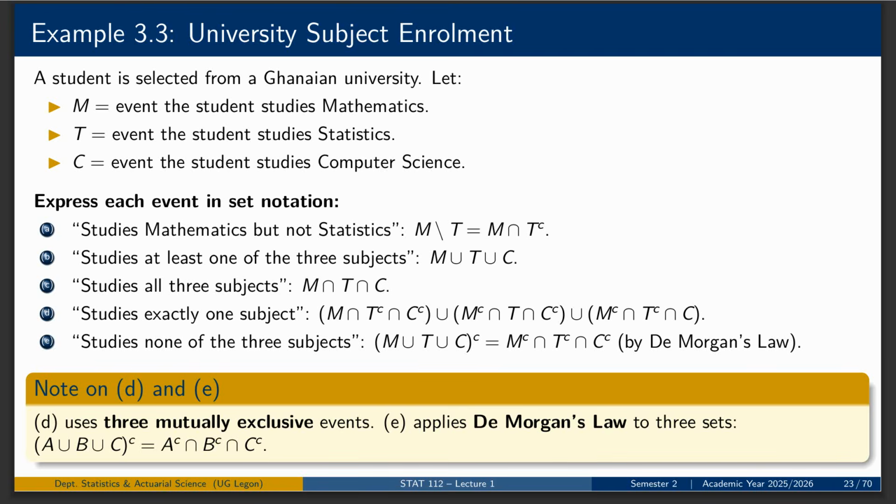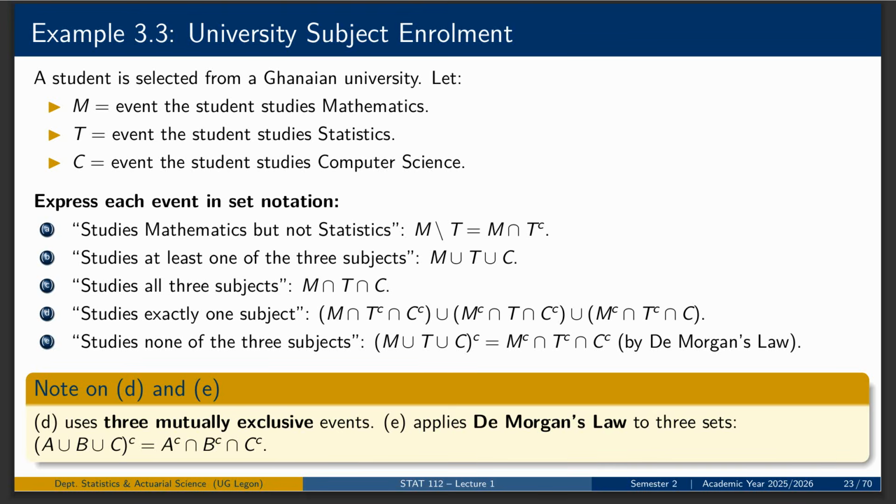So we take an example on university subject enrollment. A student is selected from a Ghanaian university, let's say University of Ghana. We let M be the event that the student studies mathematics, S that the student studies statistics, and C computer science. So we can express each of these in set notation, right?